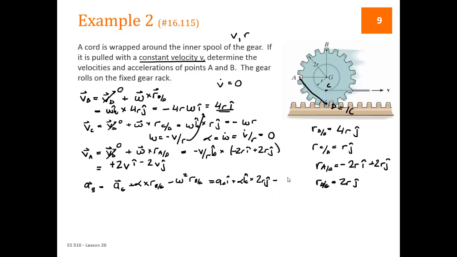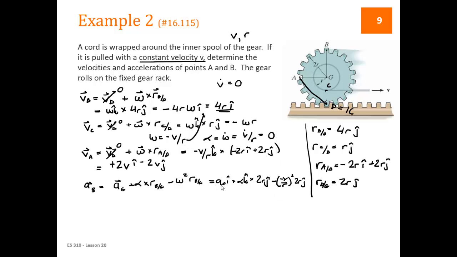Omega is negative v over r, so minus v over r squared times 2r j hat. Okay, so that's that expression.